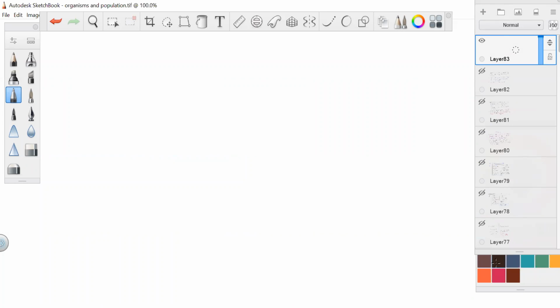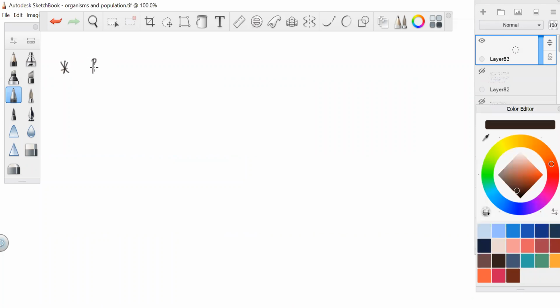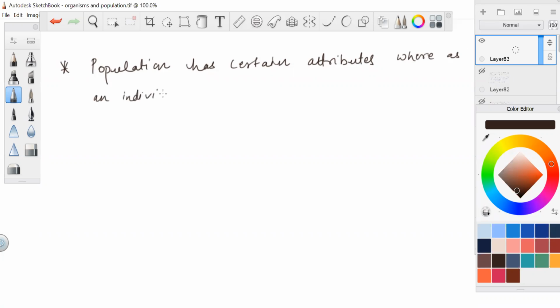Next point you will write: population has certain attributes, whereas an individual organism does not have any attribute.